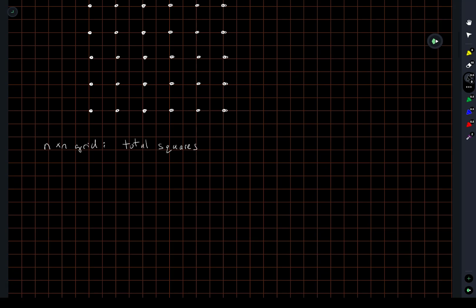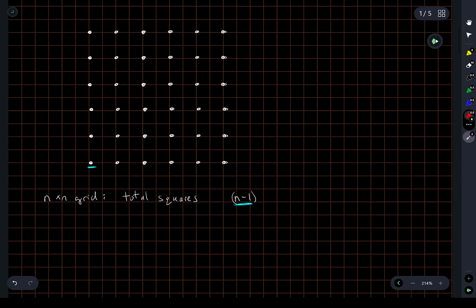The total number of squares is going to be n minus 1. That corresponds to only this point here, right? In my 6 by 6 grid, there are 5 squares that have this as the bottom left corner.